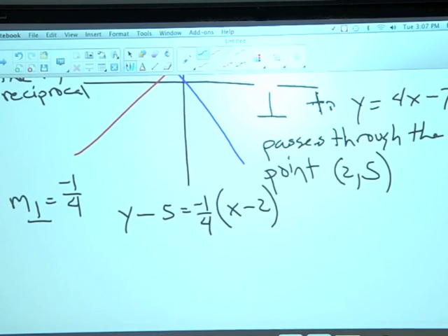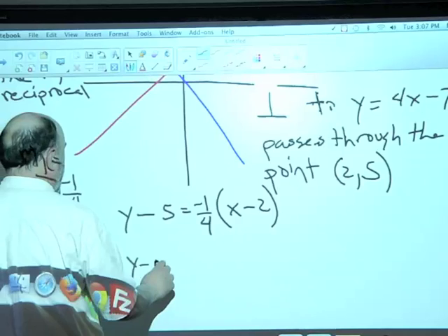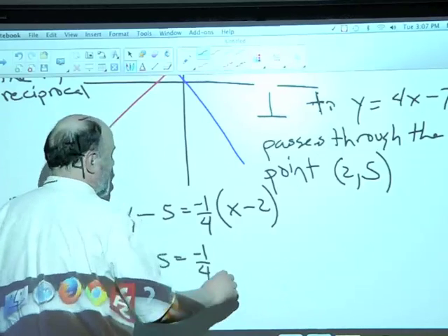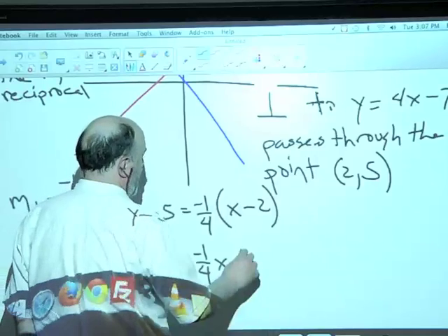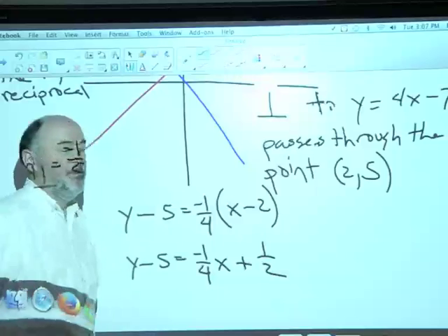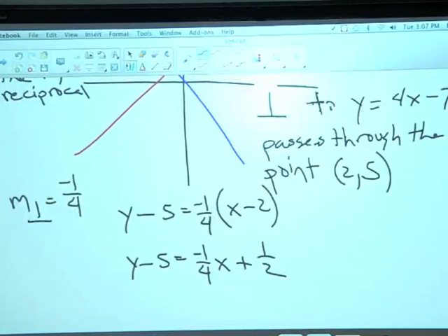So you should be able to take that and solve it for y. The first thing I do is my distributive property. So we get y minus 5 equals -1/4 x, and then plus 1/2. How did you get that?